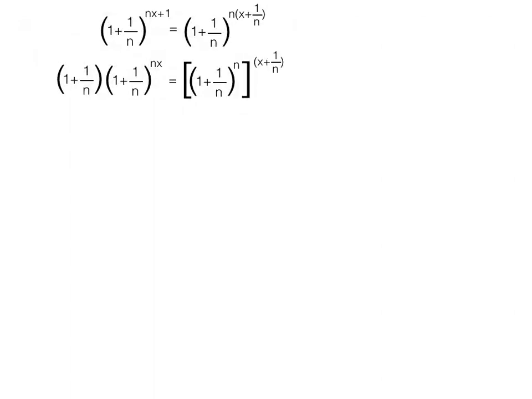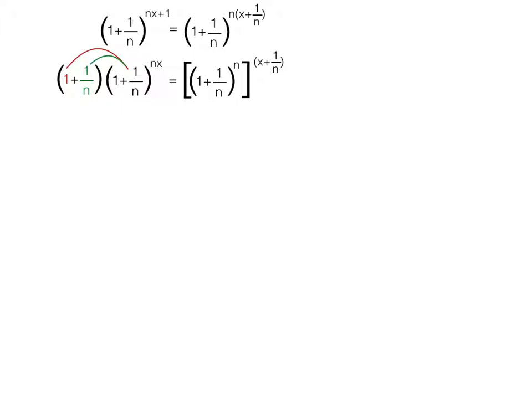So let's continue. On the left hand side we can factorize to two terms with the summed exponents, which are 1 and nx. On the right hand side we write the term to the power n times (x plus 1 over n) as the same term to the power n, to the power x plus 1 over n.